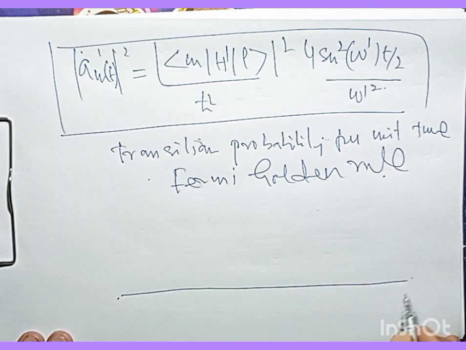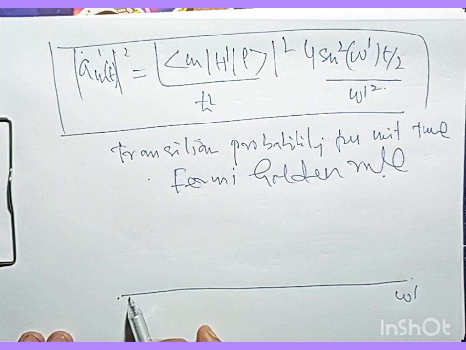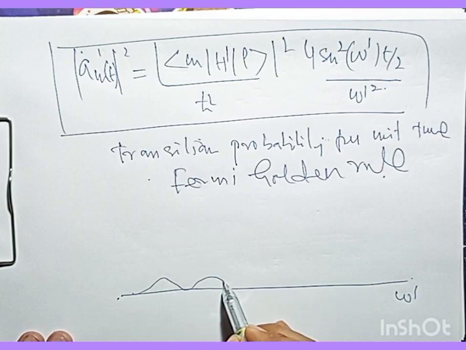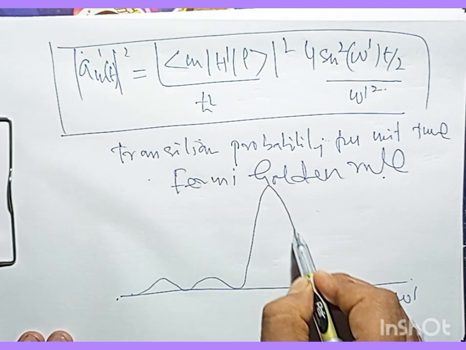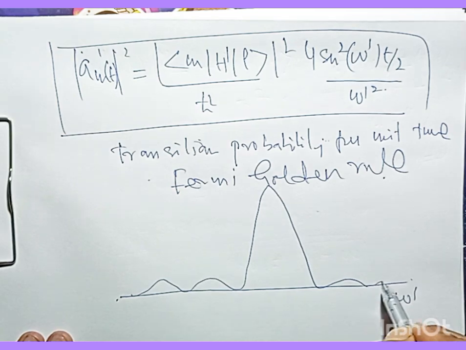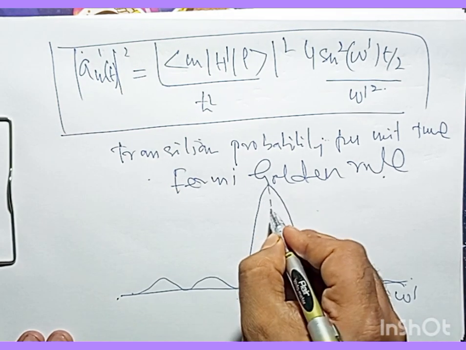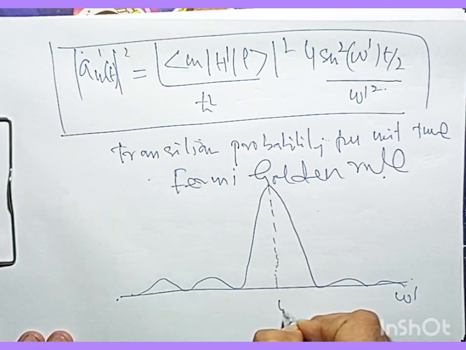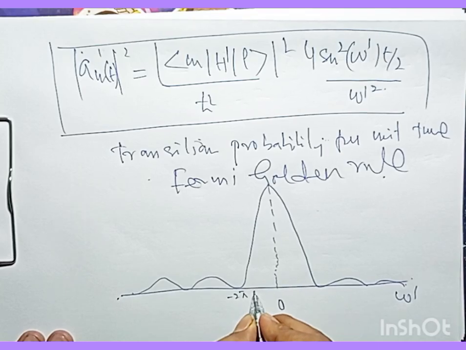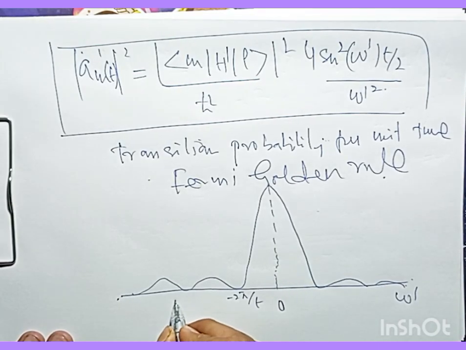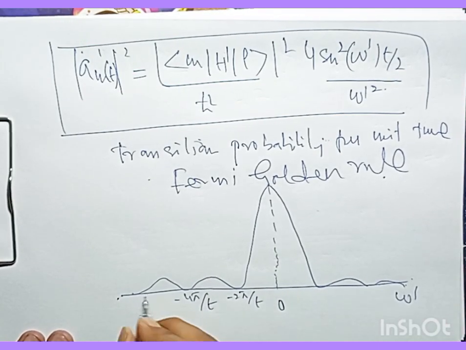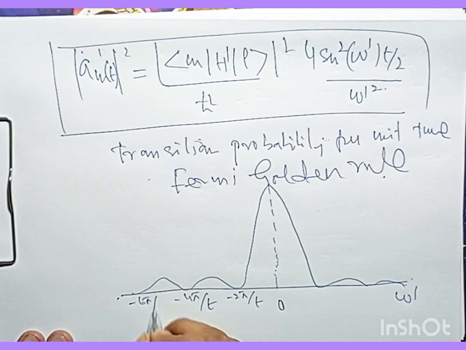Say this is omega dash, and here we have 0, this is minus 2 pi by t, this is minus 4 pi by t, and this is minus 6 pi by t.